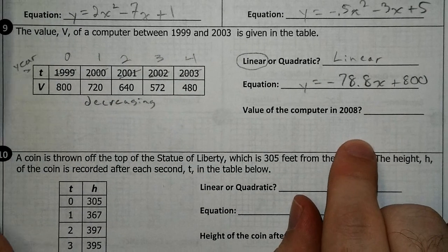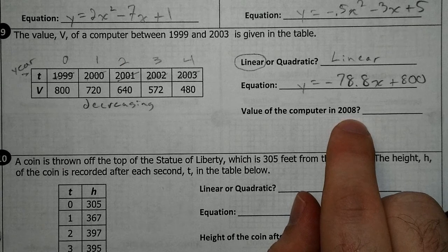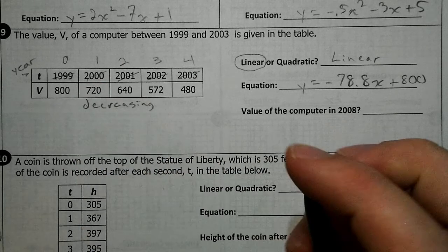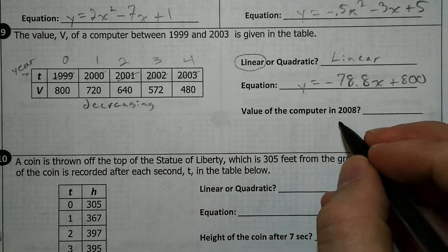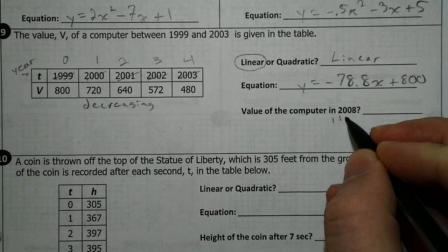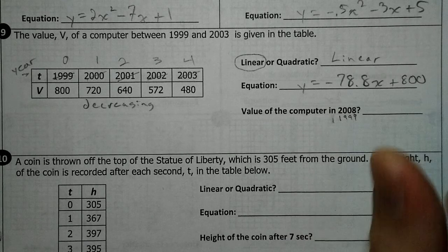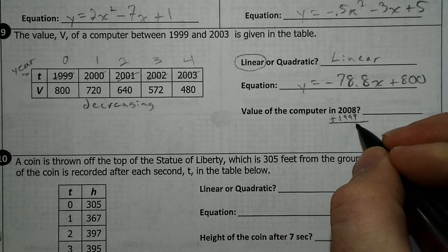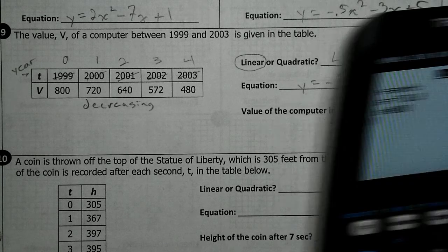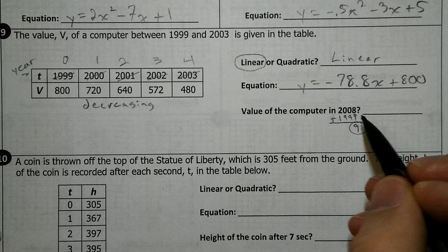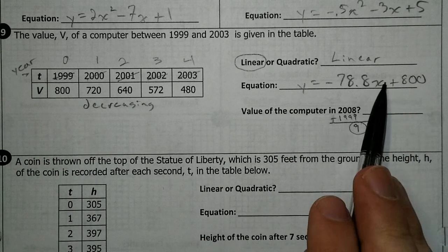Now we have a follow-up question. It says, what would be the value of the computer in 2008? So in 2008, with respect to 1999, we just need to subtract, and that should be 9 years later. So all we have to do is take 9, which is the years, the X value, and plug it in right there.